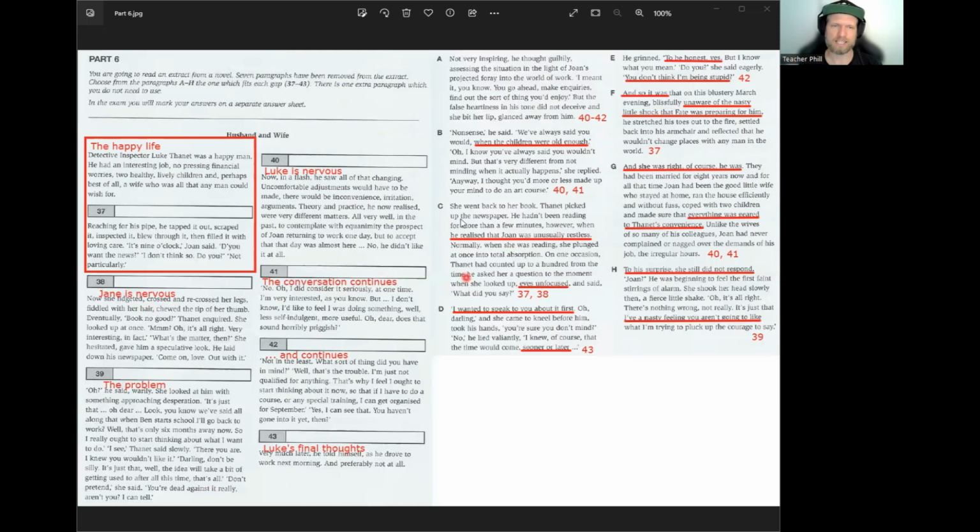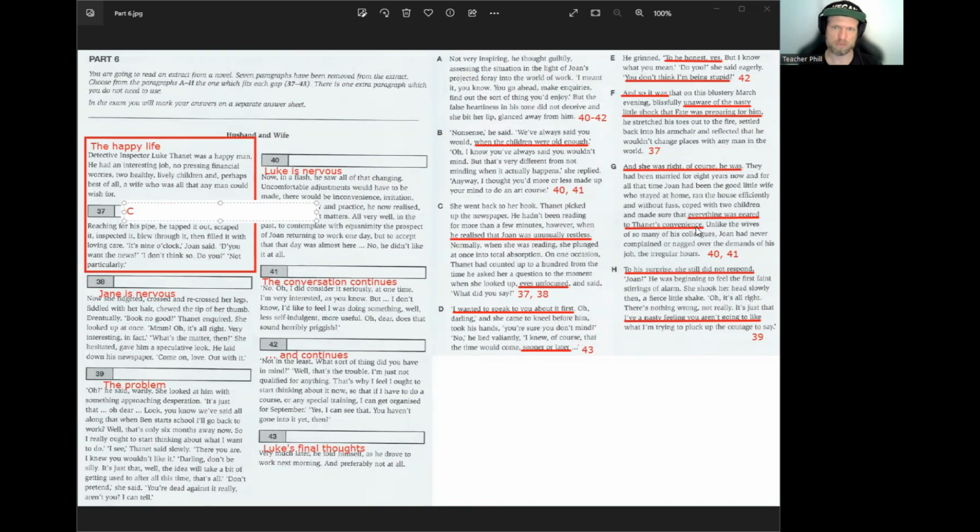So I think I like C in 38, and I think I would like F in 37. It says here that he was blissfully unaware of the nasty little shock that he'll get, because she gets nervous, there's a problem. So I'm quite confident to put F in gap 37.